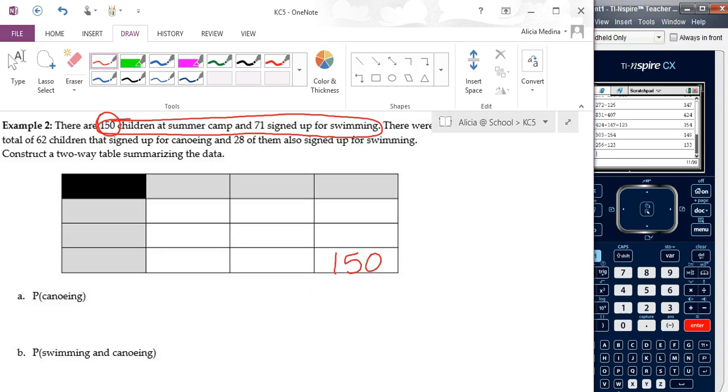And they signed up for either swimming or they signed up for canoeing. So those are going to be our two scenarios. We either are going to be signed up for swimming or we're going to be signed up for canoeing. Now, you either are swimming or not swimming.